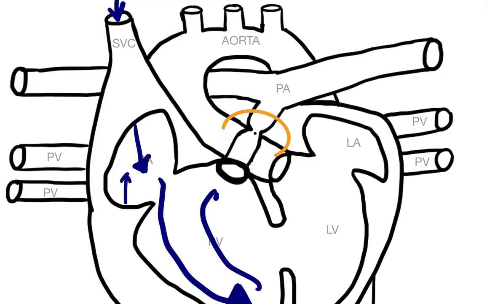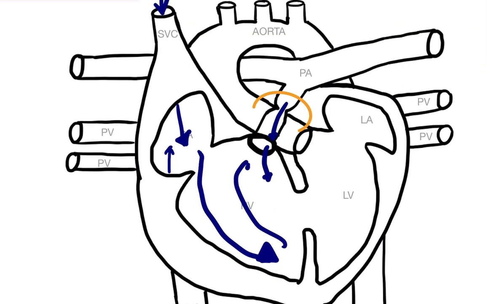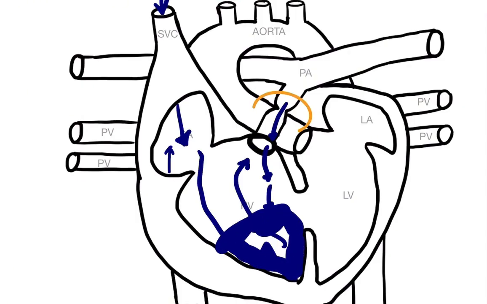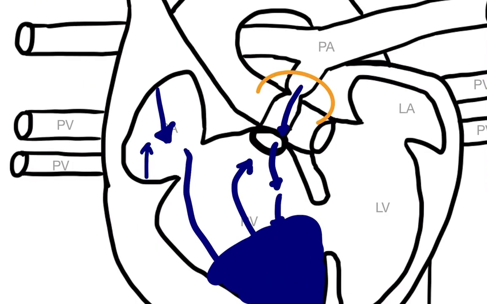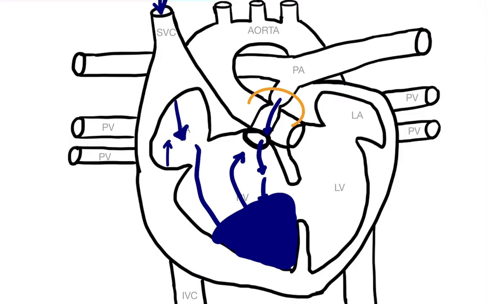Most of that blood, instead of passing through, backflows into our right ventricle. So now you have a lot of deoxygenated blood over here in your right ventricle. Do you understand that? So that is our first problem.